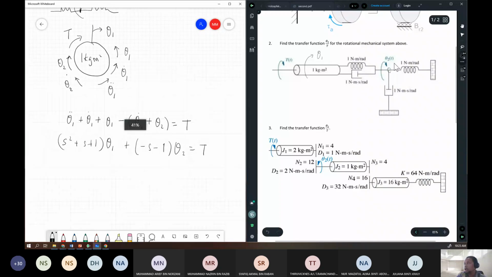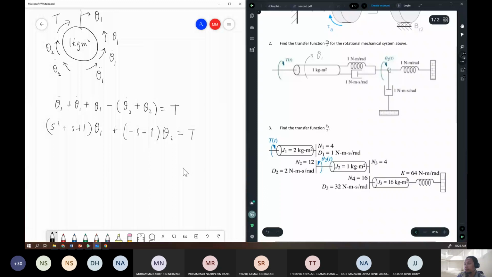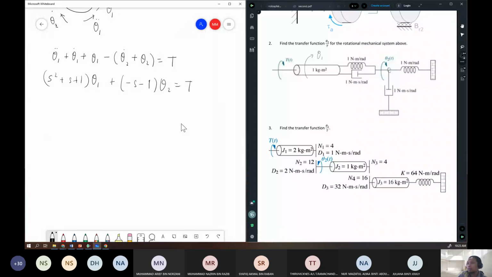Then let's look at the second, theta 2, the second degree of freedom. So theta 2 basically is only a point without any mass. Okay, so there is no mass, so there is no inertia on this point.